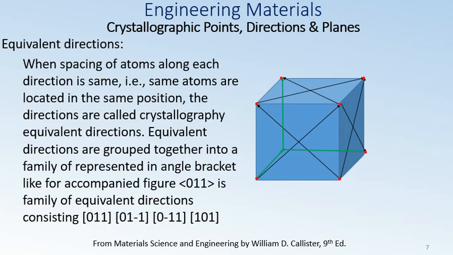This is the same. So you cannot distinguish between the front face that is now in front of you and the right face or the upper face. If you just rotate the cube by 90 degrees, the vectors will again involve the same two atoms at the same two positions, and you cannot distinguish whether this was on the left side or the right side before turning. So these directions are called crystallographically equivalent directions.